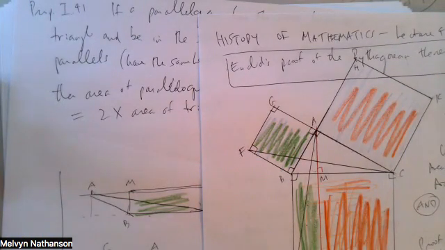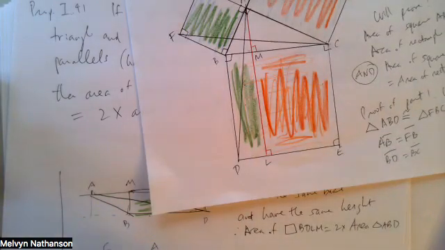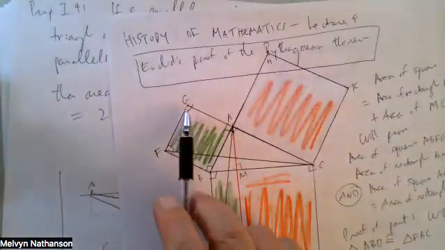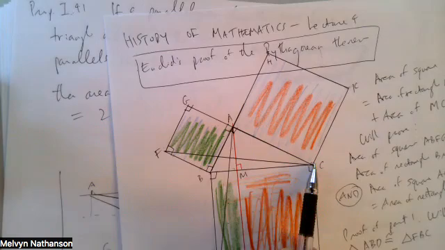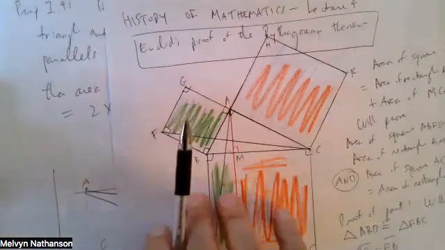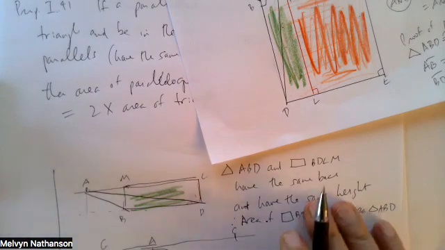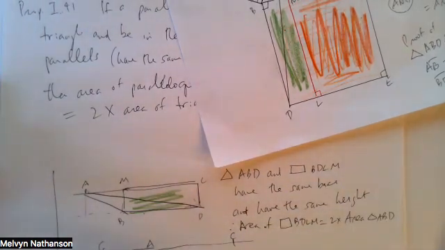And if I extend this AG, that's the parallel, this line through G and A hits this point C. And I have the triangle FBC.